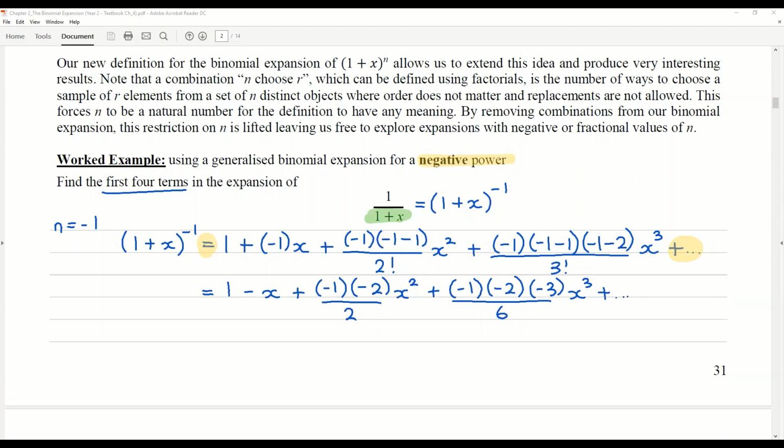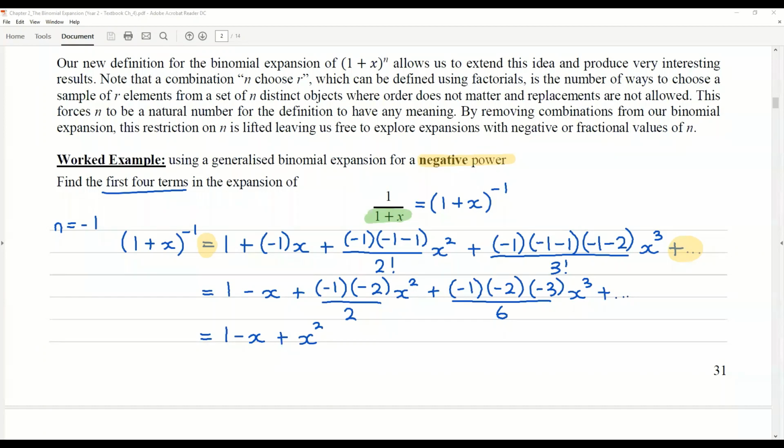And our final step, we can tidy this up a bit more. So we have 1 subtract x, and then we're going to add -2 multiplied by -1, which is of course 2 over 2, which is just going to be 1, so that's x squared. And then we have 3 negatives here.